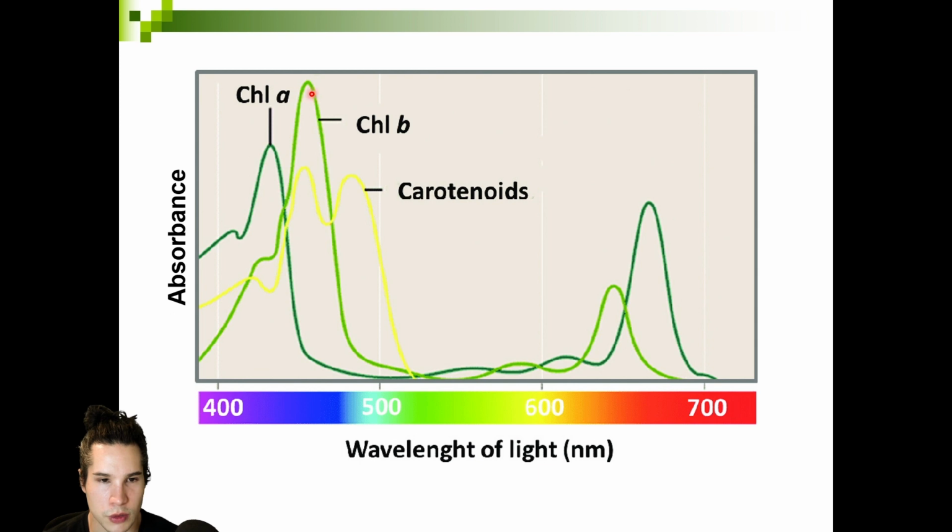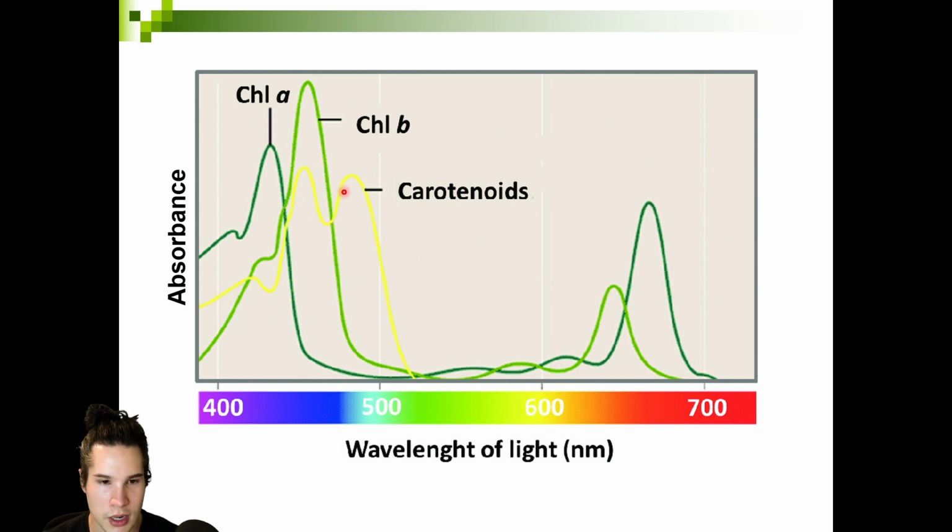That's where chlorophyll B, which is considered to be an accessory pigment, picks up its absorption properties. Both chlorophyll A and B drop around this green zone here, and that's why we see most plants as green.